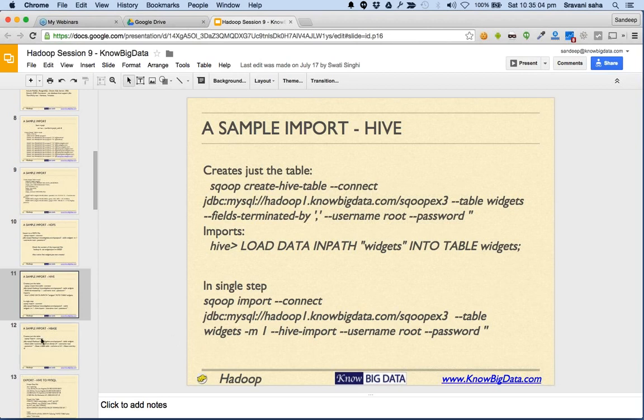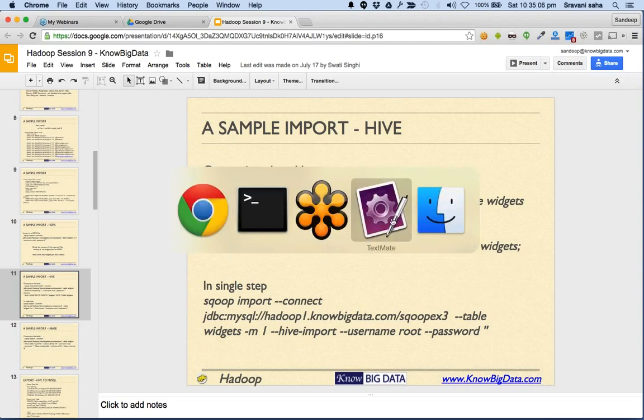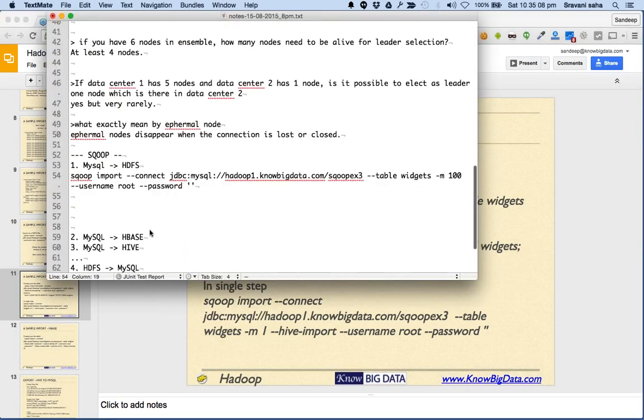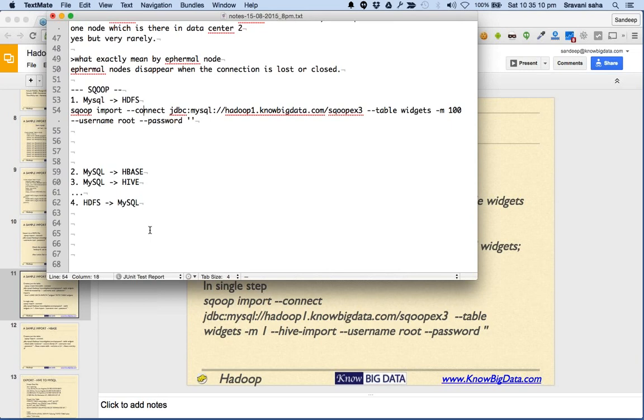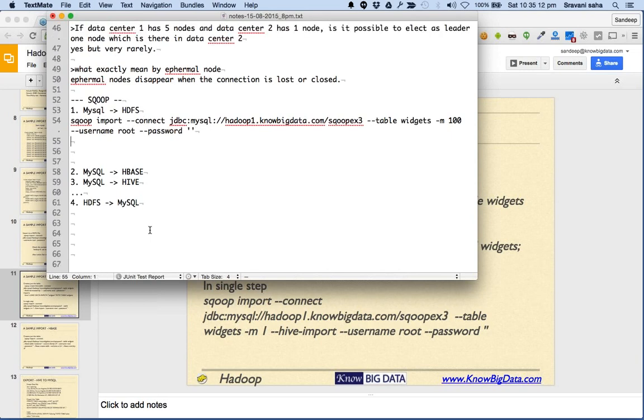So we were able to successfully copy the data from MySQL to HDFS, MySQL to Hive. Alright. So this is done. These first two steps are done.